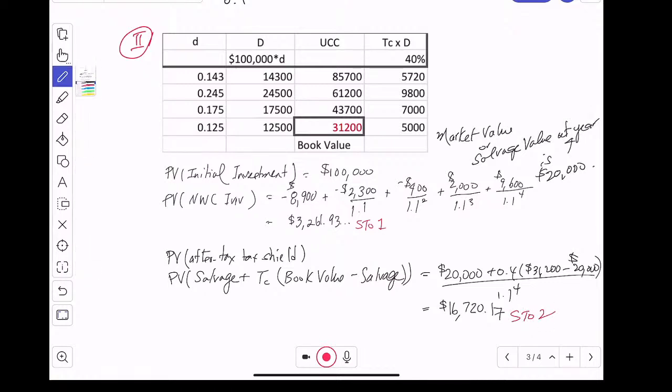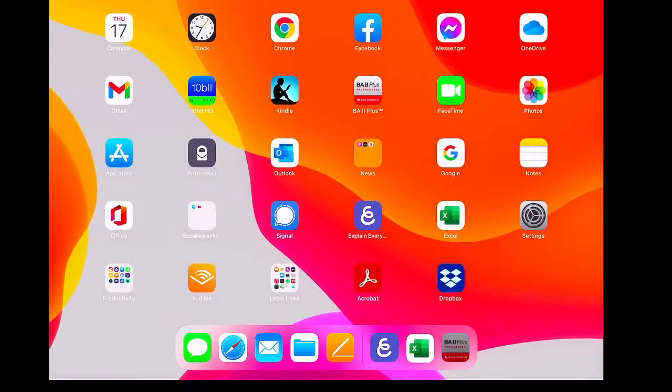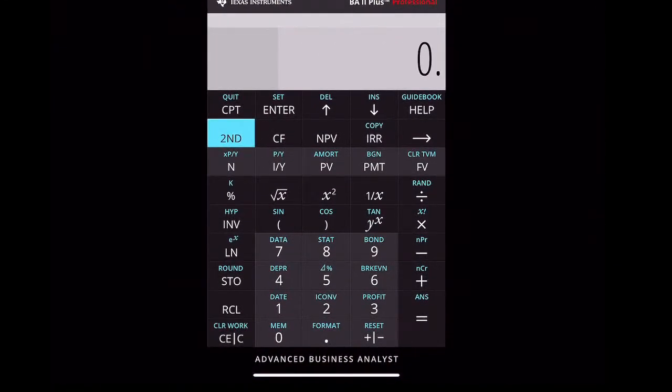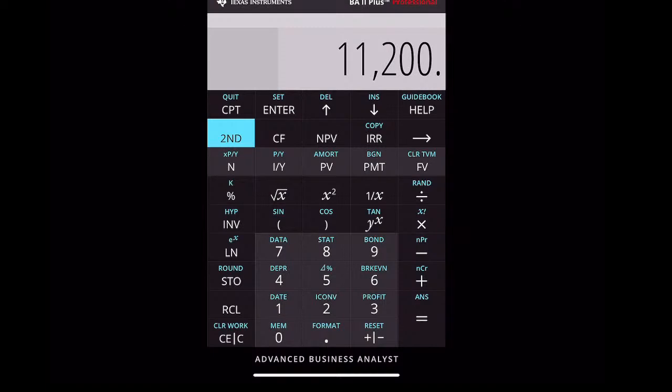Presumably there will be decimal places, so I'll put ... So clear my screen and I start in the brackets 31,200 minus 20 times equals times 0.4 plus 20,000 equals divided by brackets 1.1 to the power 4.